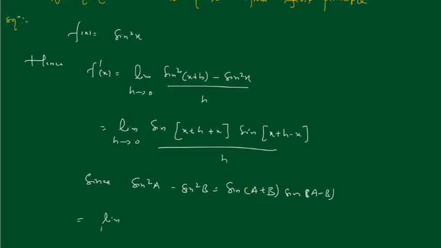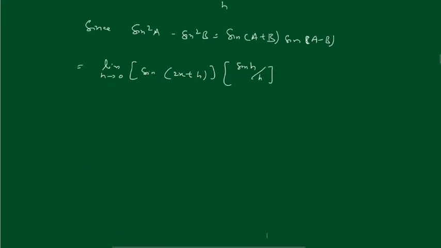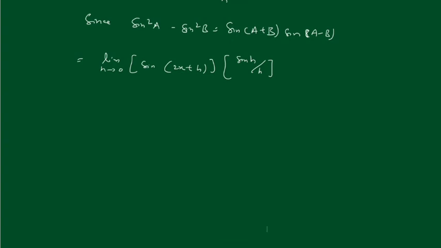Limit h tends to 0, sine of (2x plus h) into sine h by h. So now which can be written as limit h tends to 0, sine (2x plus 0) into 1.